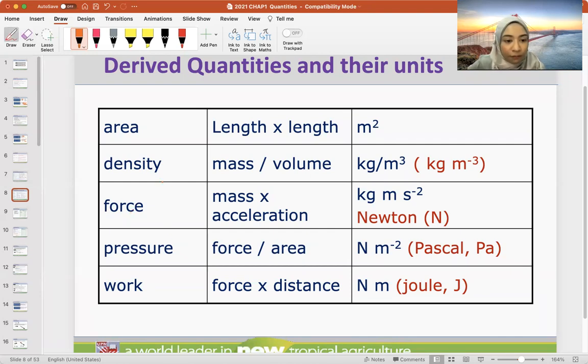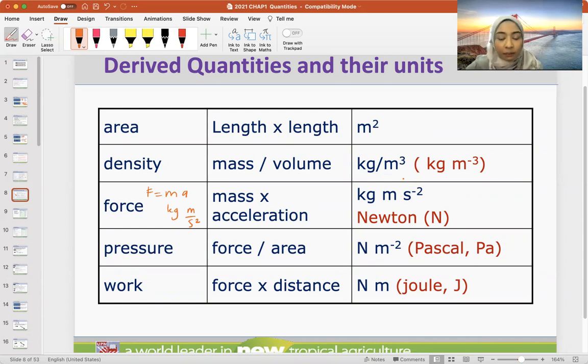Okay, and then we have force. F equals ma. Kilogram, acceleration is meter per second squared. But the SI unit is called Newton. If you want to put the units as kilogram meter per second squared, you can.